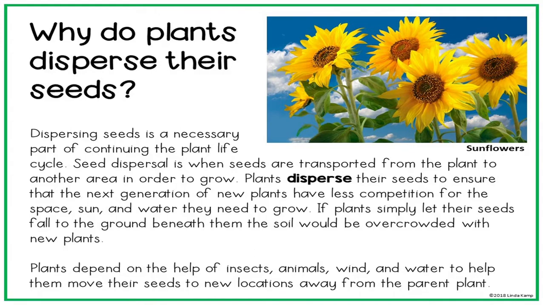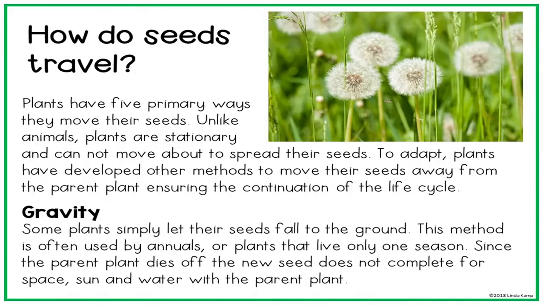If plants simply let their seeds fall to the ground beneath them, the soil would be overcrowded with new plants. And it's just like we saw on the language arts video last week of the tiny seed. Those were the seeds being dispersed so that they could spread out. Plants depend on the help of insects, animals, wind, and water to help them move their seeds to new locations away from the parent plant.